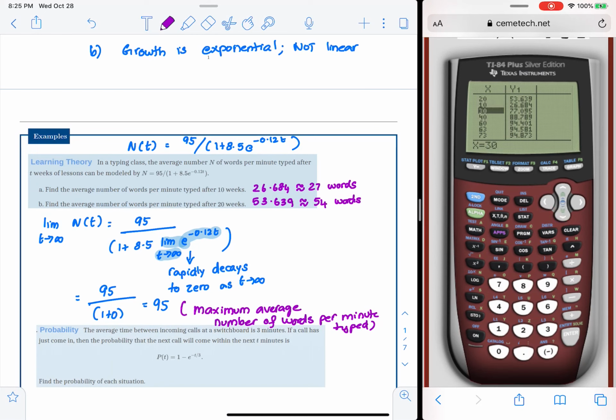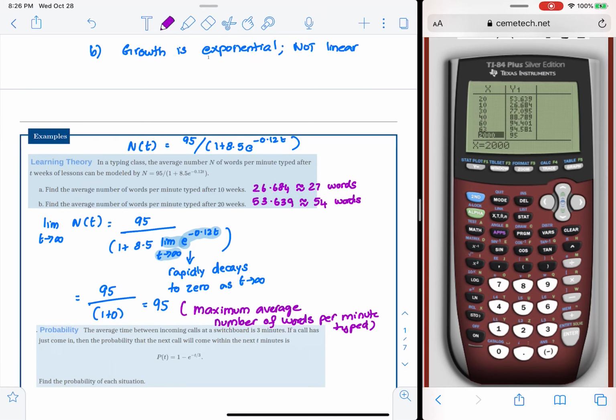But you can see beyond a certain point, no matter what time I spend, in that case it is 73 weeks, we have about 94.875 words, that is 95 words. Even if we spend 200 weeks, we'll have 95. 2,000 weeks, still 95 words. So we have a limiting value of 95 words.